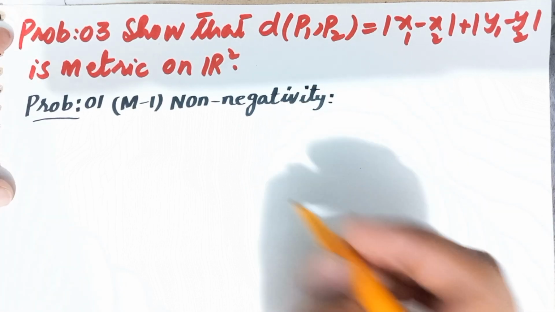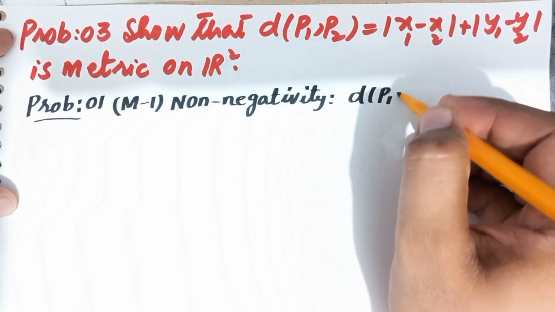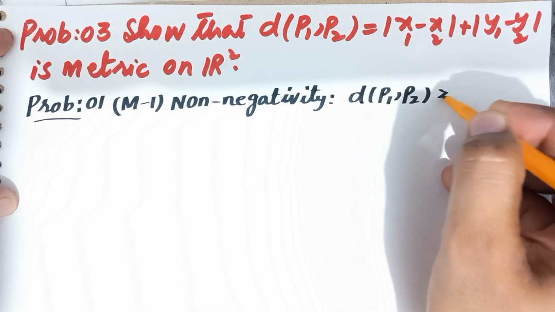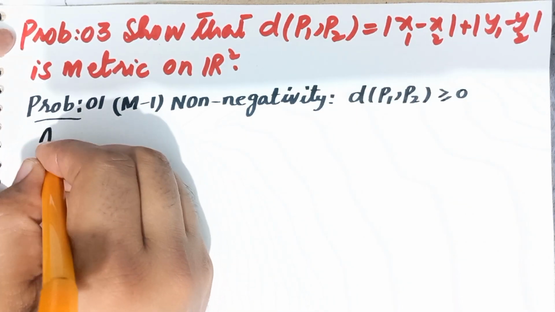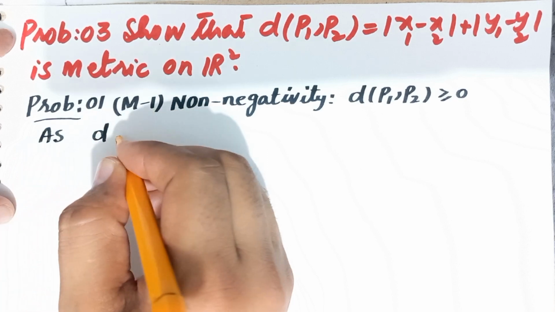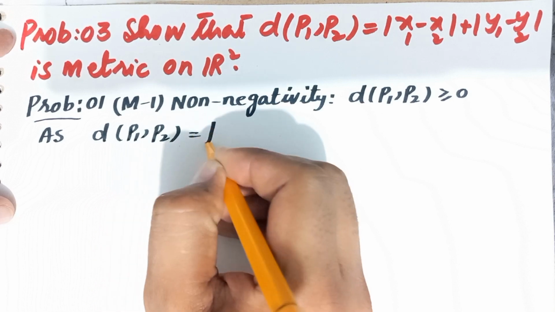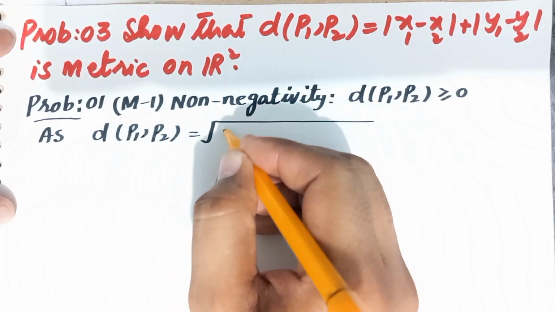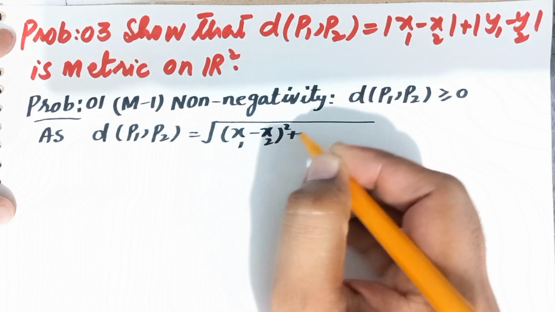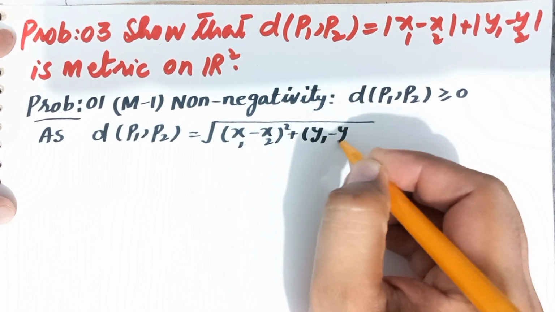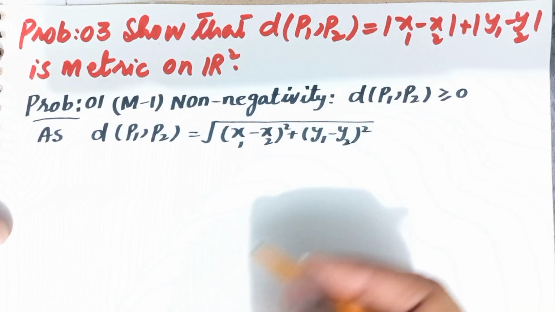So here we will show that our D is greater than or equal to 0, as our D is here the square root of (x1 minus x2) whole square plus (y1 minus y2) whole square, greater than or equal to 0. We need to show that this D is greater than or equal to 0.